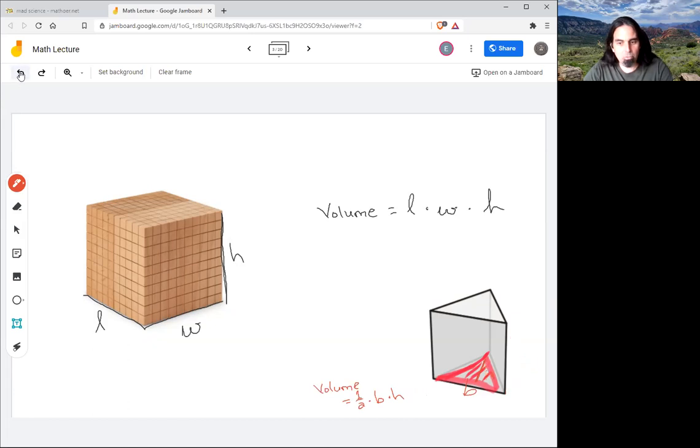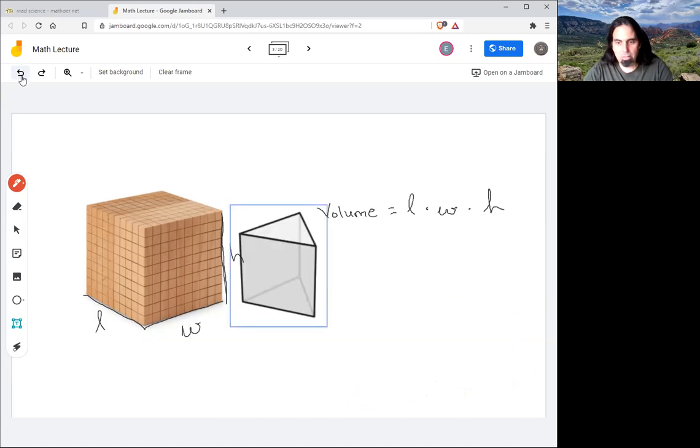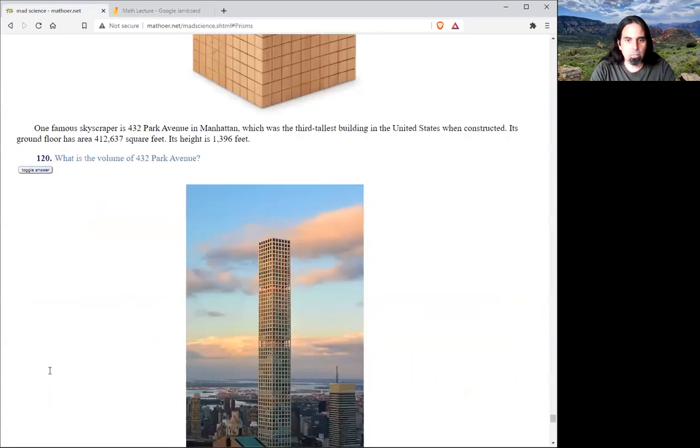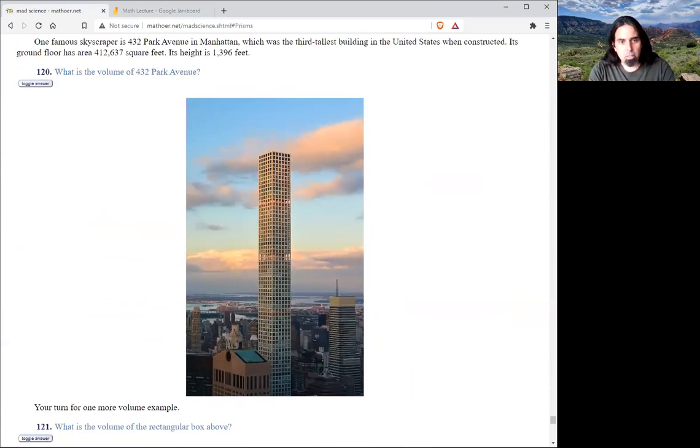So find whatever the footprint of your building is, whatever the surface area of one story of the building is, and then just multiply that by how many stories tall you have. Here is a famous skyscraper named 432 Park Avenue.